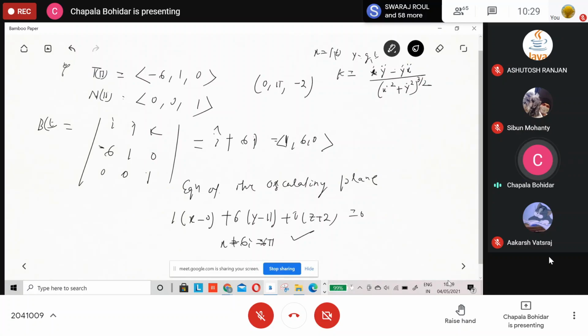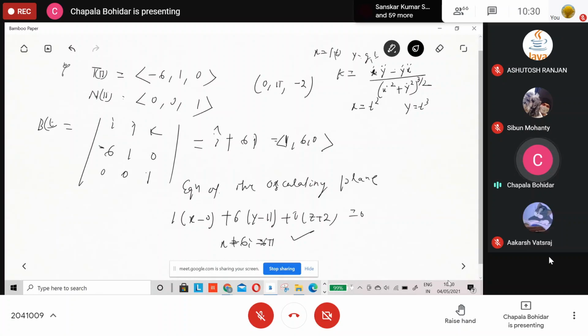That is your formula. Using this formula, the question says find the curvature of the curve x is equal to t square and y is equal to t. It is your question number 43.